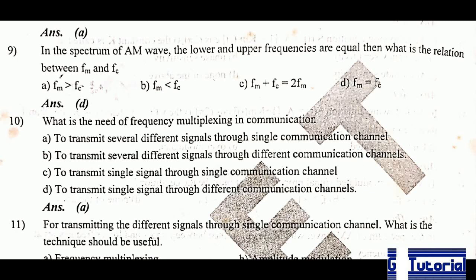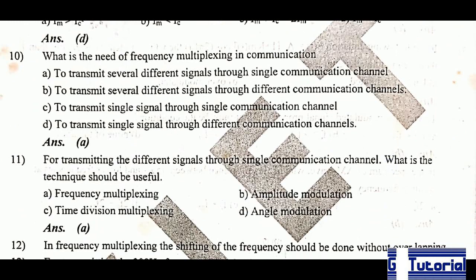We are able to transmit different signals through the single channel. Next question. For transmitting different signals through single communication channel, what is the technique used? Answer is frequency multiplexing. Through multiplexing, different signals can be transmitted through single communication channel.